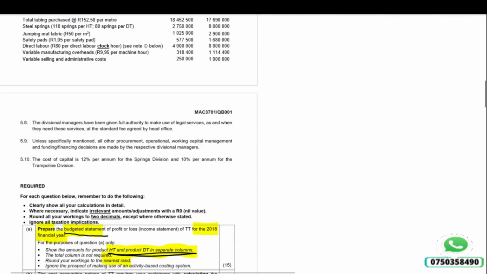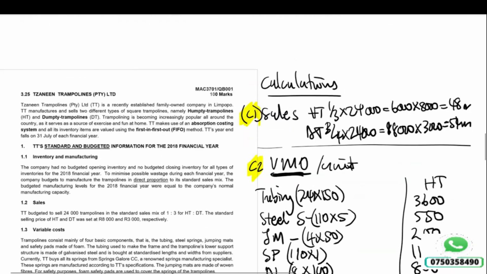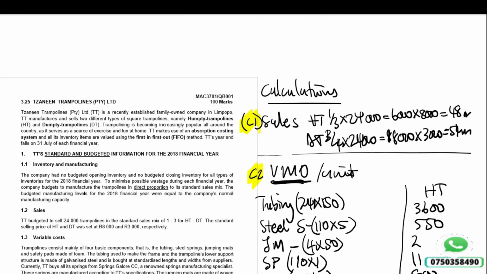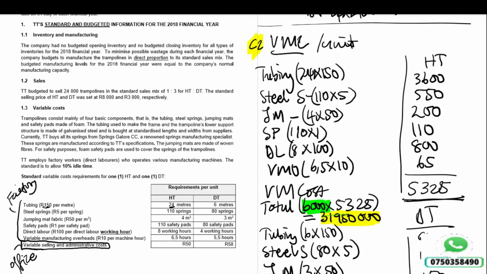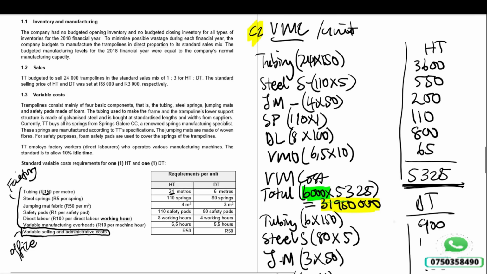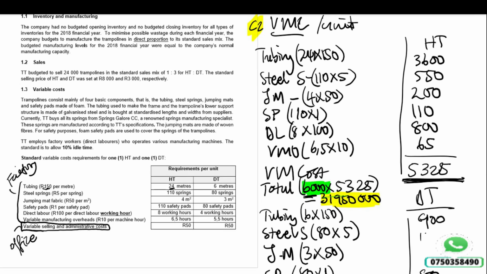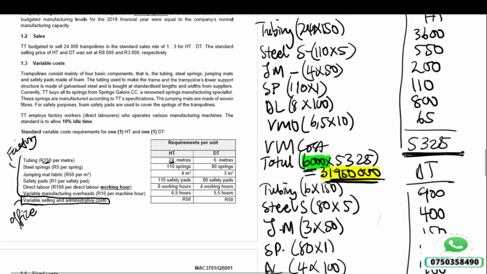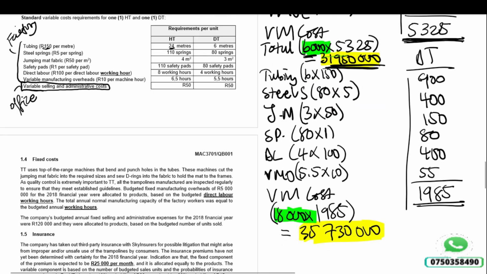That's why when we got here, we were calculating the variable manufacturing cost per unit, right? And when we got the variable manufacturing cost per unit, which was this amount, we had to multiply it by the total units to be manufactured so that we can get a total variable manufacturing cost for the two products, which are these amounts.